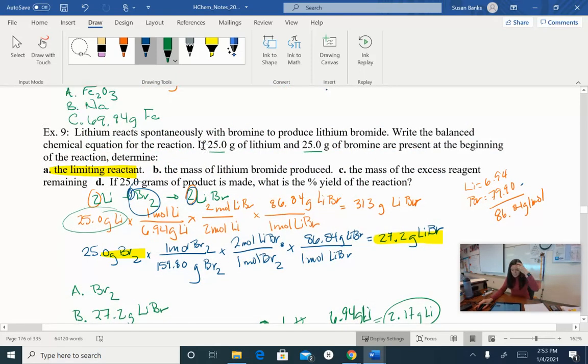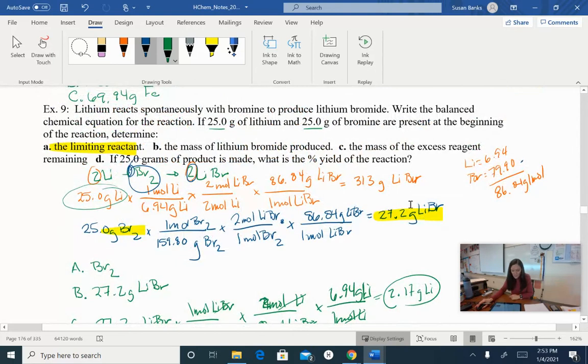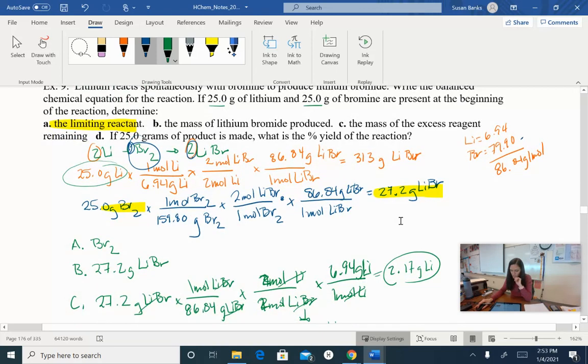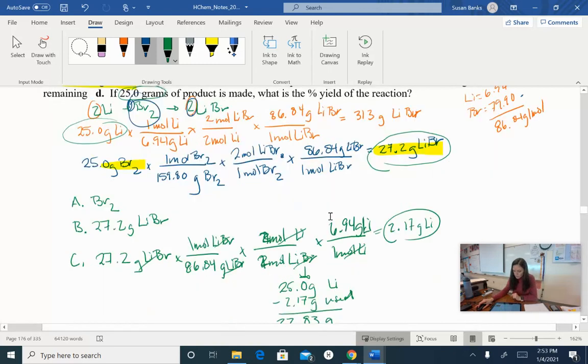So let's see. We did A, we did B, the mass of the excess reagent we've done. If 25 grams of the product is made, what is the yield? Okay, so we expected 27.2, but we only got 25 grams. So let's do the percent yield.